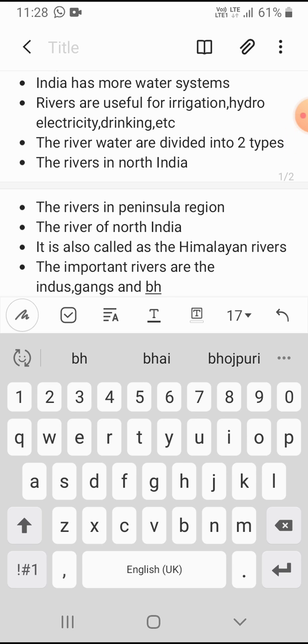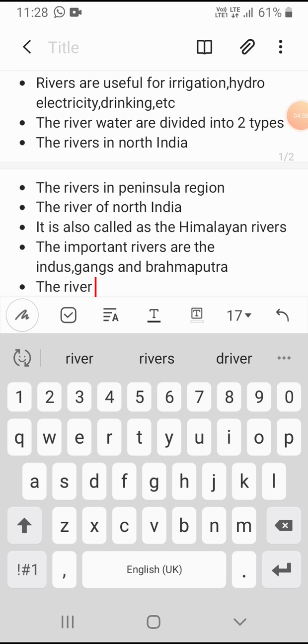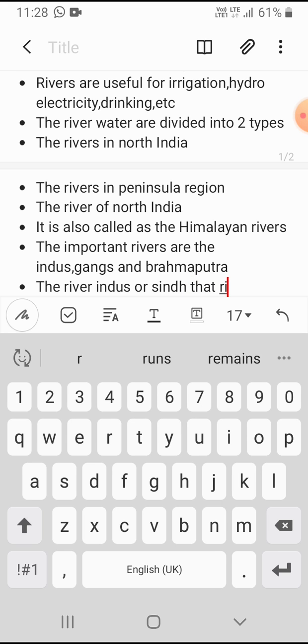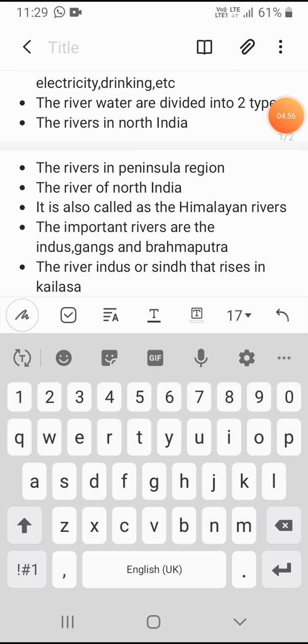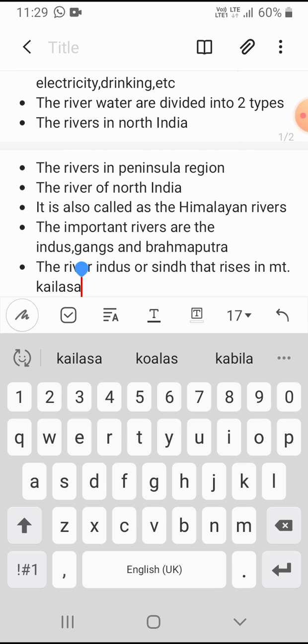Let's begin with the river Indus, or Sindhu, that rises in Mount Kailasa in Tibet. Mount Kailasa is in Tibet, and there it rises.